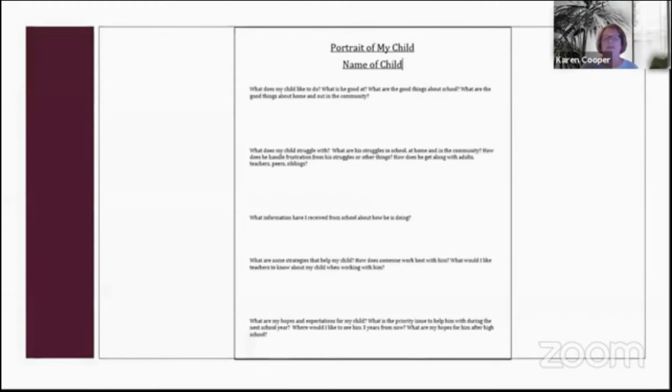This will be a handout that will be sent to you after this webinar is over, that you can use in order to prepare input into the present level of academic achievement and functional performance. I know that many times when we're in IEP meetings, there's already a draft present level, and that's okay.